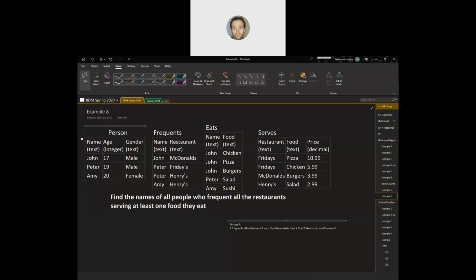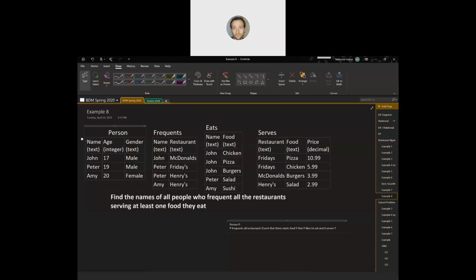Maybe these are food critics and they're going to visit every single restaurant that serves something that they eat, so that they can write a big blog post about their opinions on how that restaurant's food is. We won't be friends with these people.